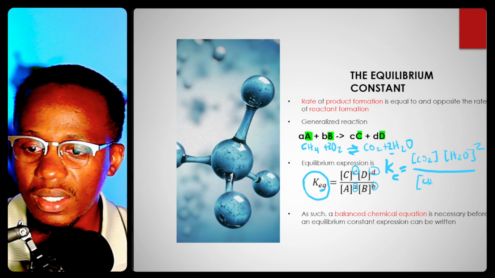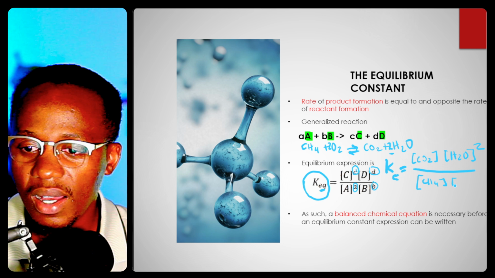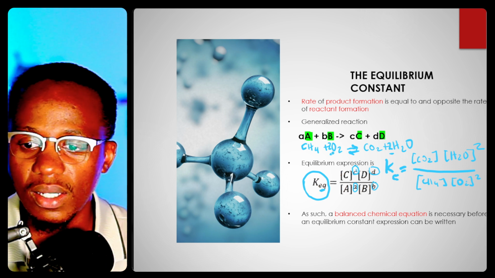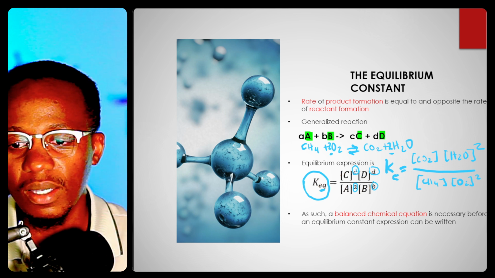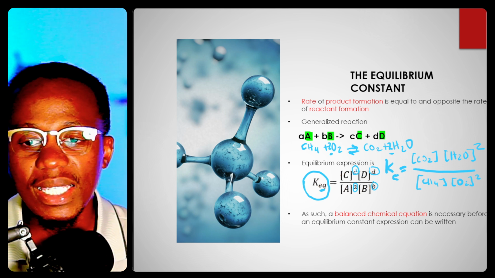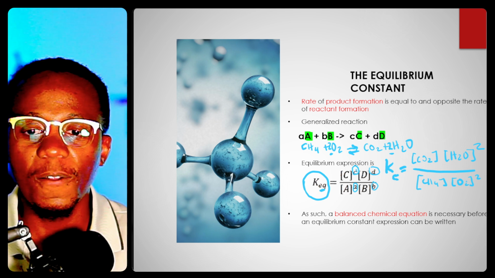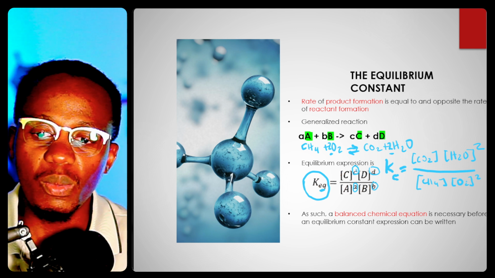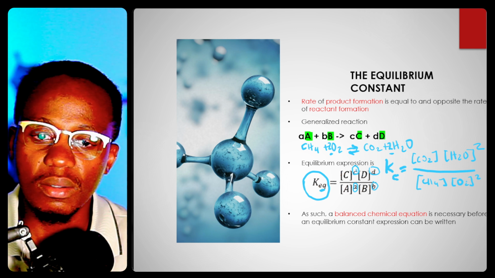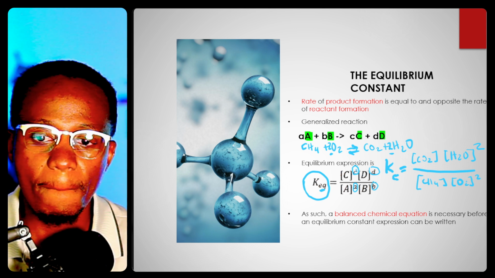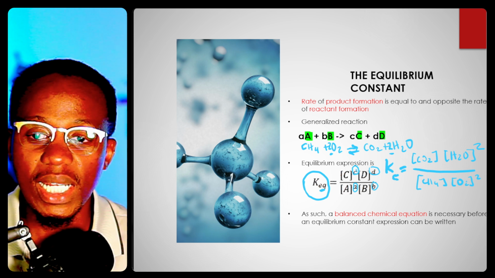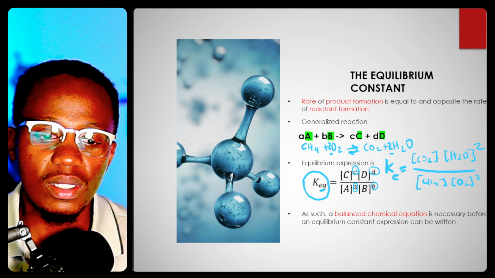So the reactants are CH4 and O2, and O2 is going to be squared as well because it has a 2 on it. Does that make sense? That is how we write an equilibrium constant expression, right? So for any equation, make sure that you know how to write down its equilibrium constant expression.